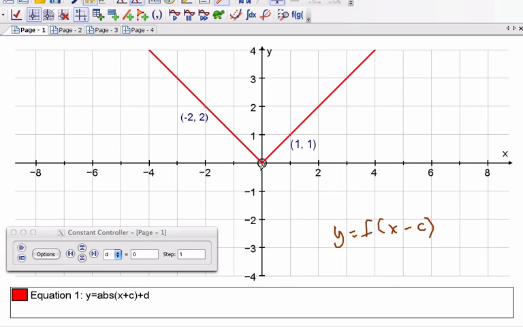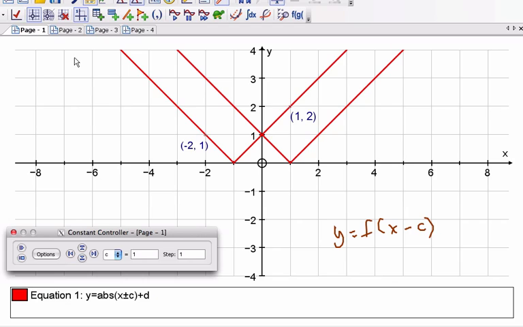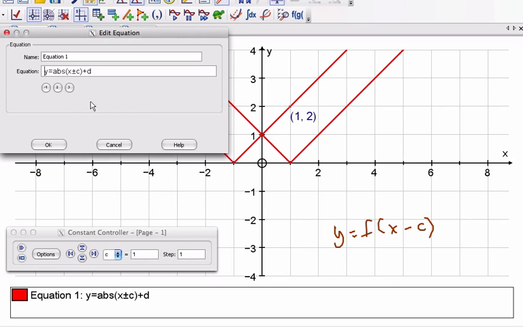In this case, what it's going to do, if I change the c value to a 1, before I do that, I'm going to make sure I change this to a negative c. Hold on, I don't want plus or minus.